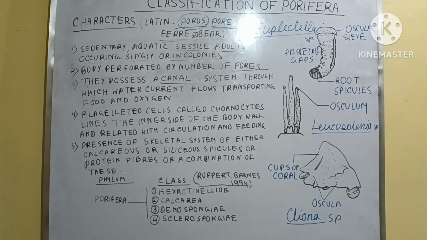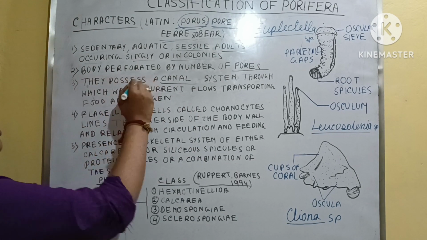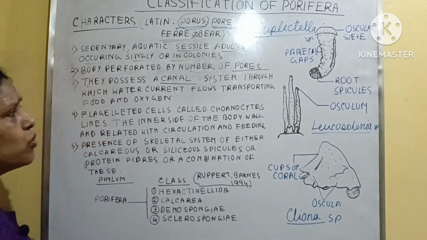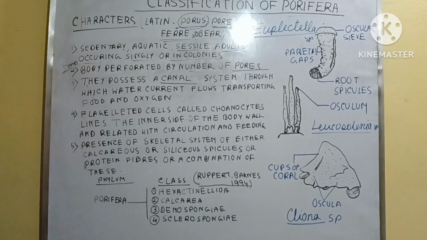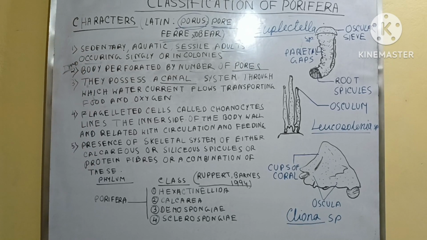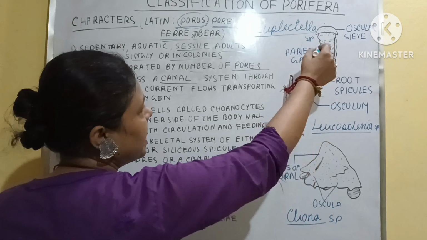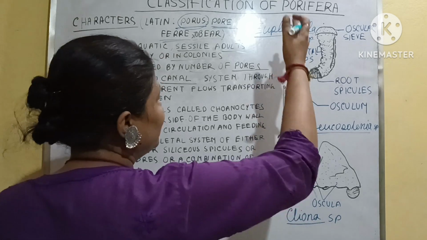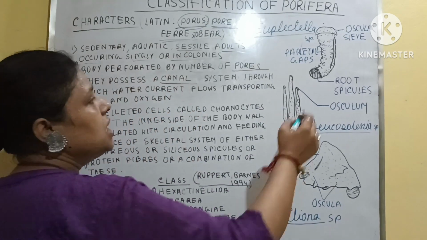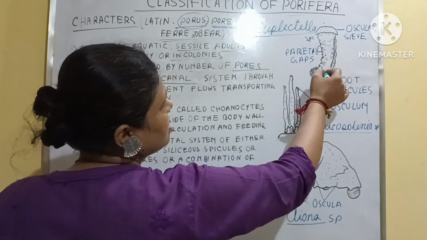Second one, the body is perforated by a number of pores. This is an important feature. Body perforated by the number of pores. Many pores you can see here. This is a rough drawing, but you can see these are the pores.